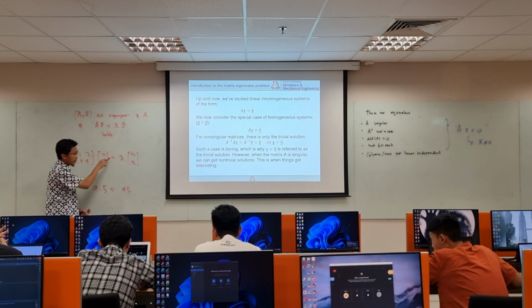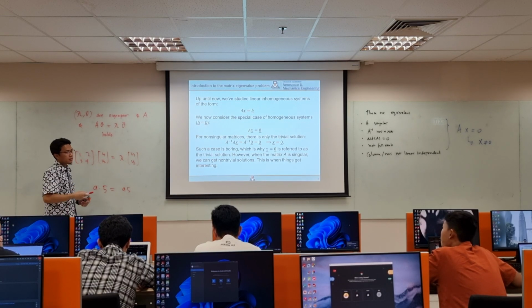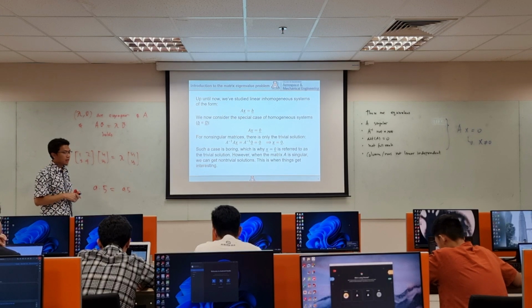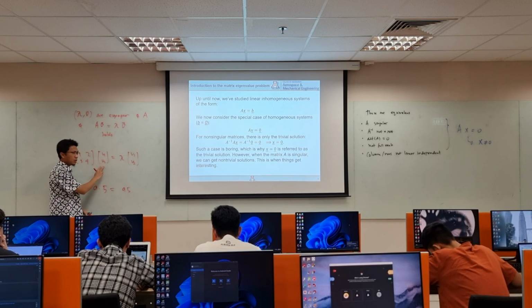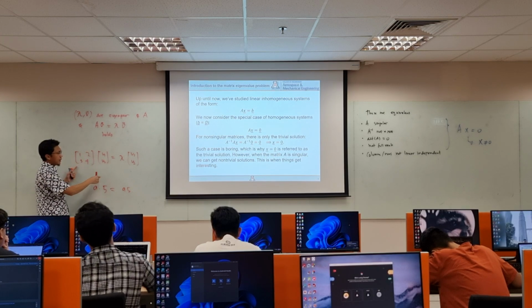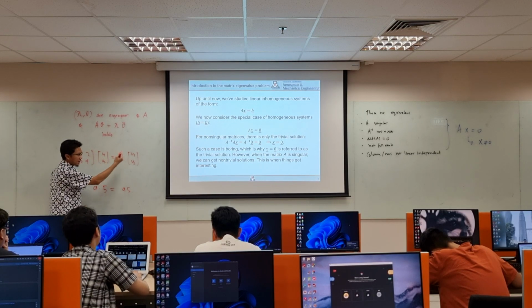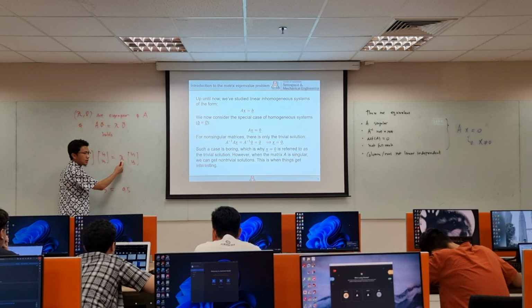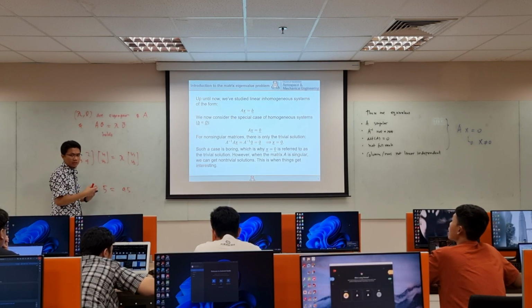So you can think of the eigenvector as a direction that will not change for that matrix. Why is that so? Because when you multiply a matrix by its eigenvector, you get the same eigenvector but with some scaling.